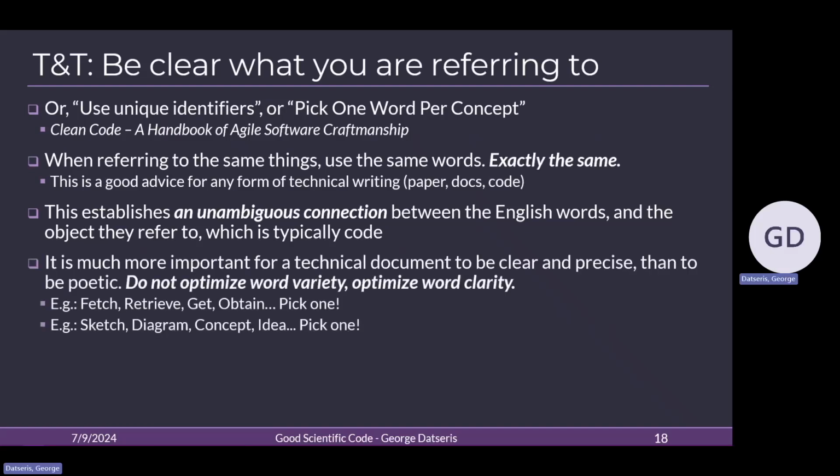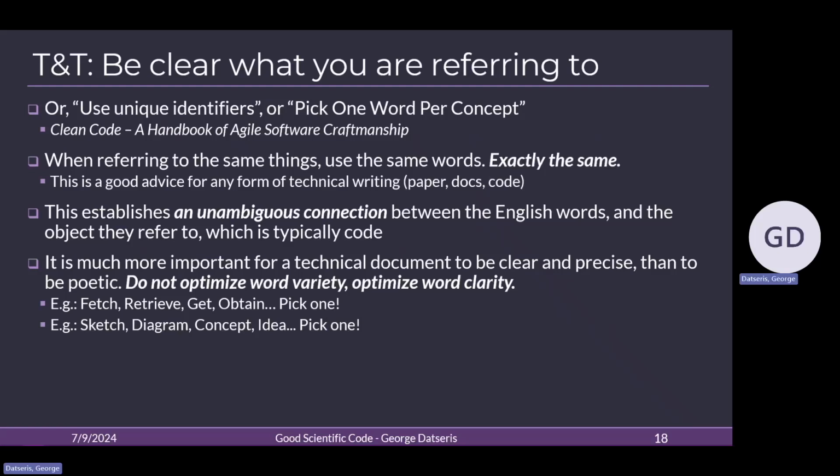So to give you an example, if you use fetch, retrieve, get, obtain arbitrarily in your documentation to mention the same concept, don't. Pick one word, just pick only fetch or retrieve and use that throughout. Sketch, diagram, concept, idea. Similar words, just pick one.